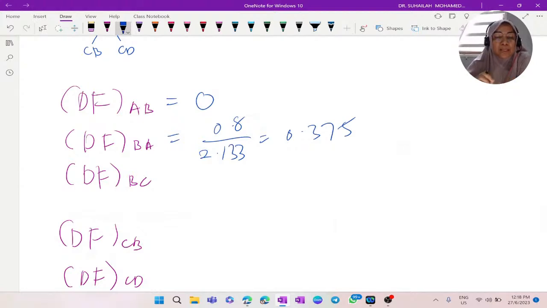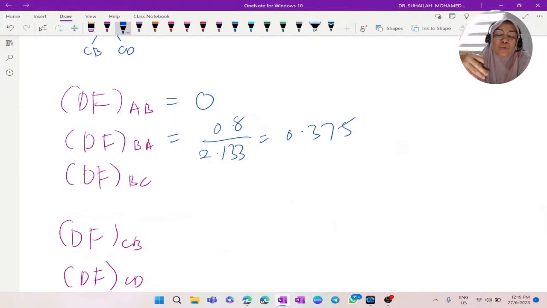For BC, BA plus BC is joint B, and the distribution factor at a joint is 1 except at a fixed end, like DFAB just now.